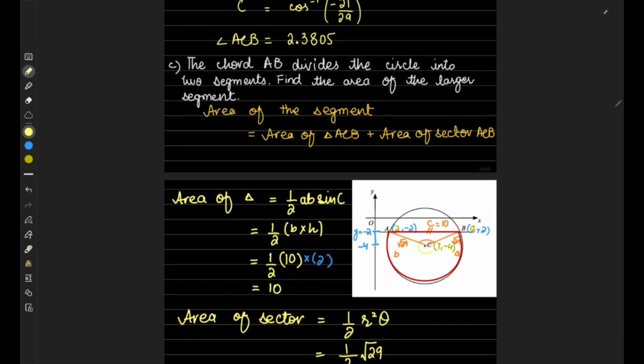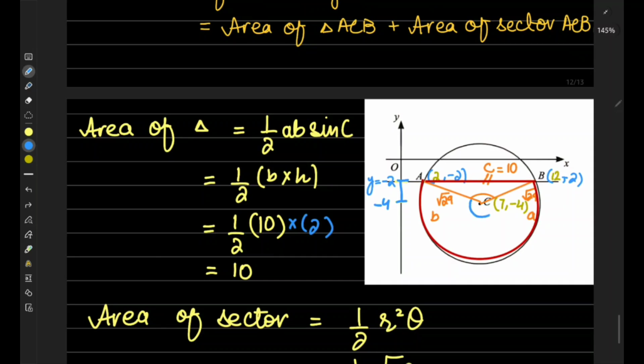Theta would be different, this is your sector. So your theta is 360 minus, or 2 pi minus angle C.